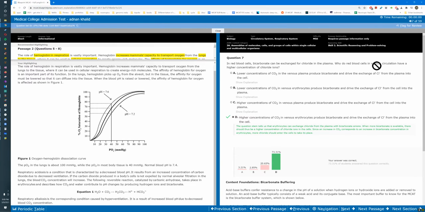So, yeah, of course, there will be more chloride ions in the red blood cells of the venous circulation, right? Because there's more CO2 anyway. So yeah, higher concentrations of CO2 produced bicarbonate, which leaves, and then chloride enters.